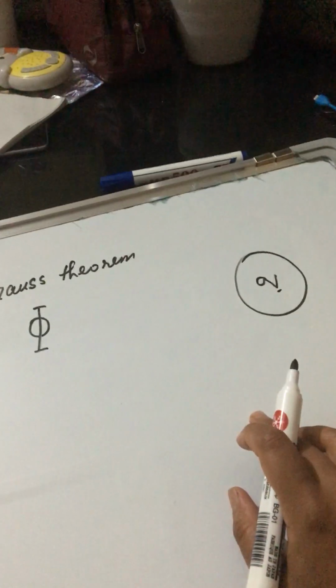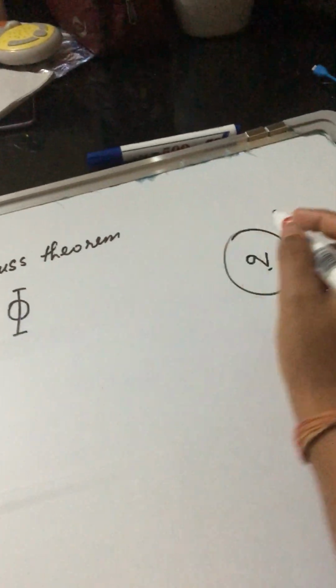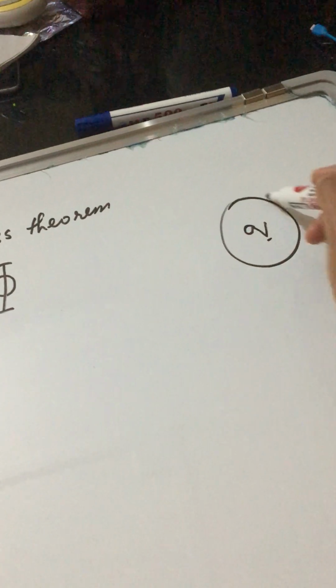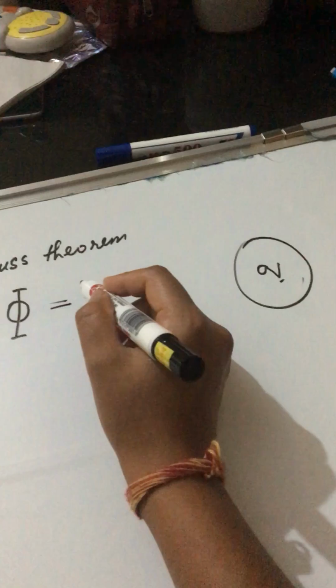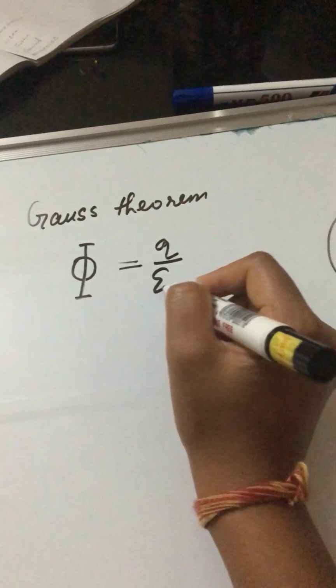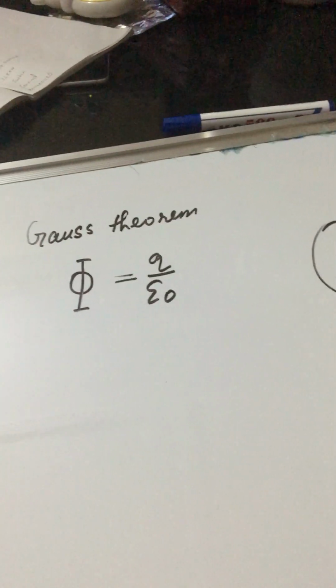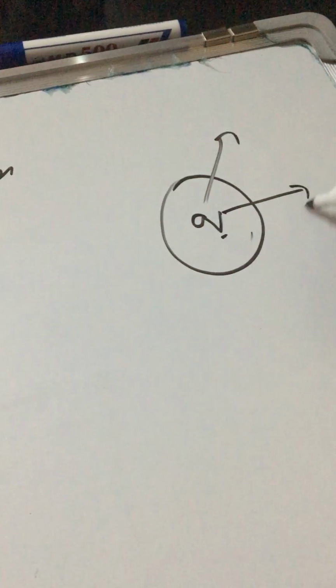Then the Gauss theorem says that the flux through the surface is equal to the charge divided by epsilon naught. This charge will create a field in its vicinity, right?